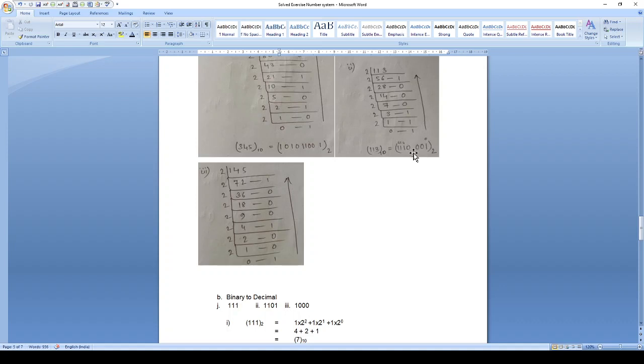I have to calculate the position values where there is a 1. Where there is a 1, 2 to the power 0 is 1, then 2, 3, 4: 2 to the power 4, 2 to the power 5, 2 to the power 6. So, let's write.